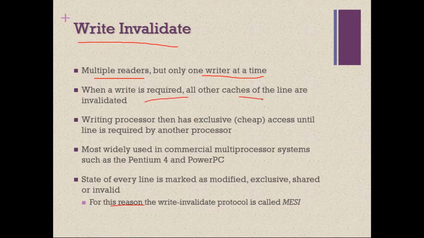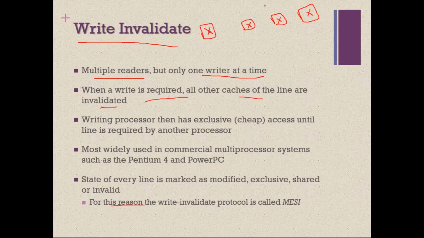all other caches of the line are invalidated. Say for example there are many caches: cache 1, cache 2, cache 3. Say initially all these caches are performing read operations on the data X. They are just reading X, not updating or changing anything.